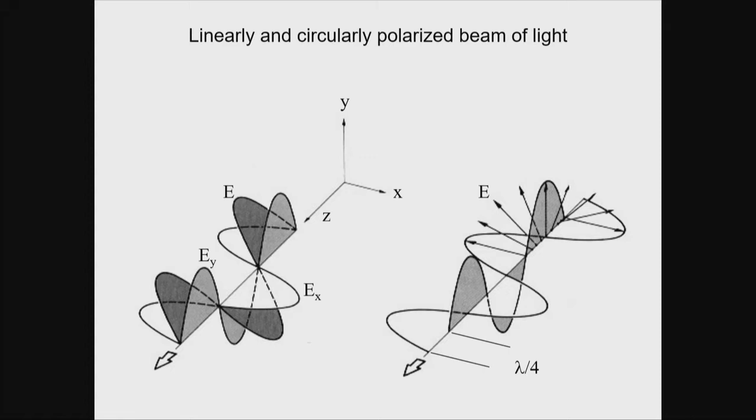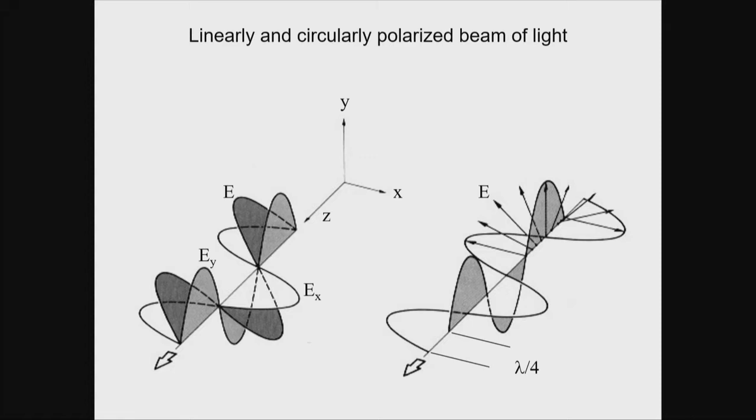can be circularly polarized. The electric field vector, within a wavelength, which is only 500 nanometers typically, rotates, and that's circularly polarized light. And then you can have anything in between, elliptically polarized light.